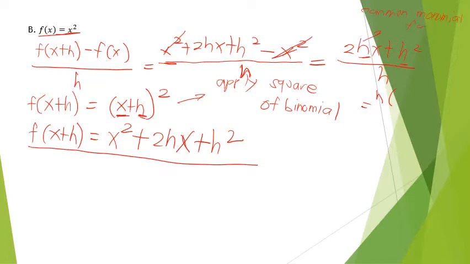Factor yung h, magiging 2x plus h all over h. Ngayon, cancel na yung h. Then, tira na lang 2x plus h. So, ang sagot sa difference quotient sa example na ito ay 2x plus h. Okay, tama.